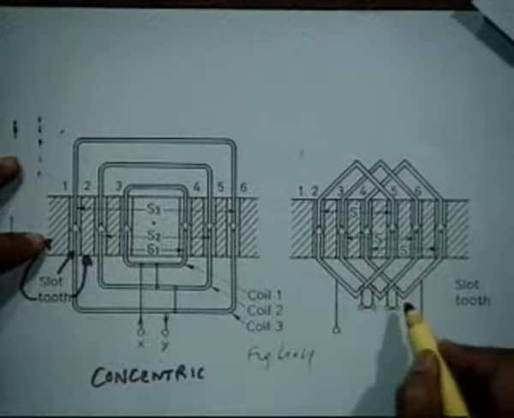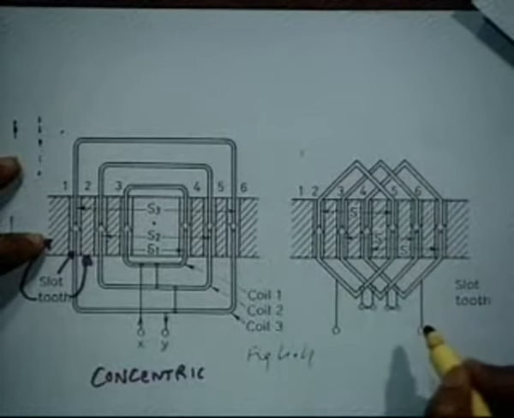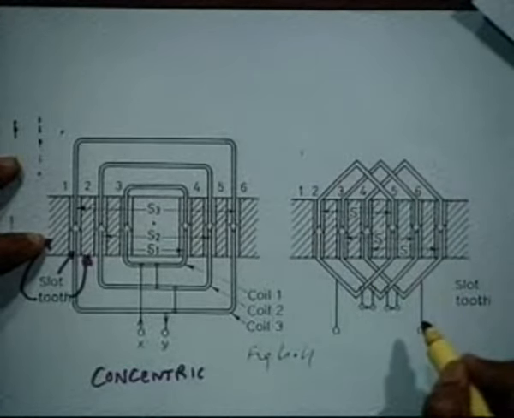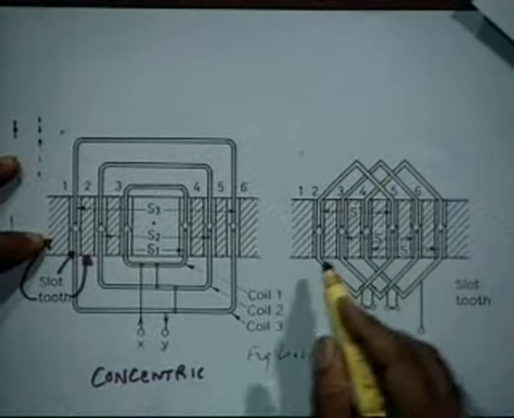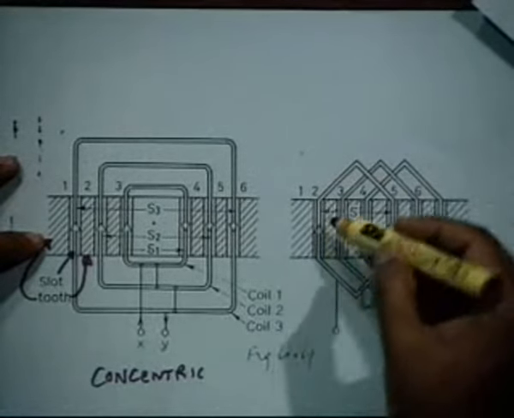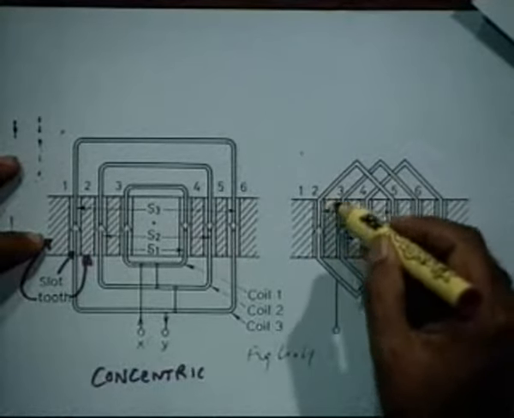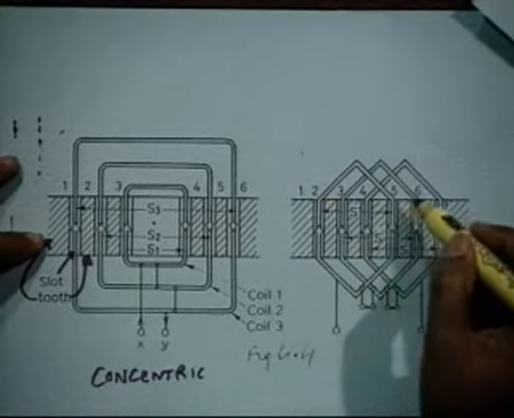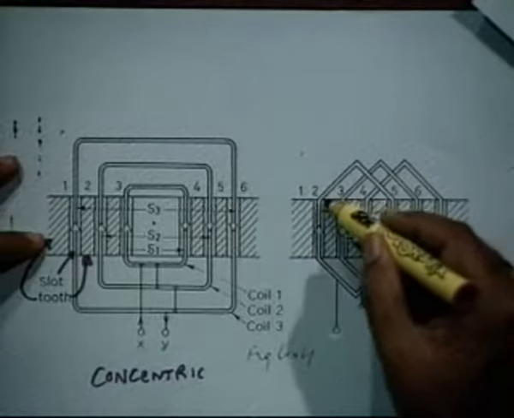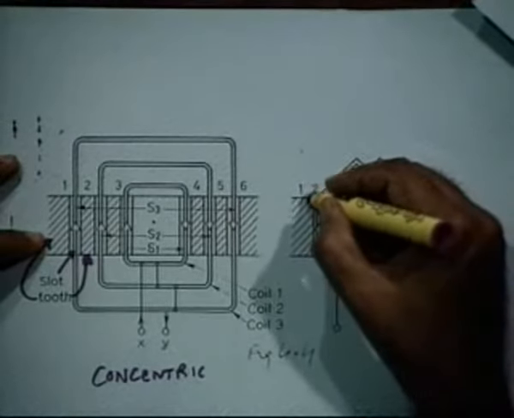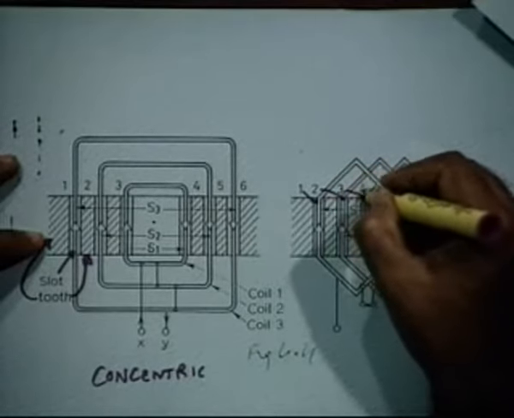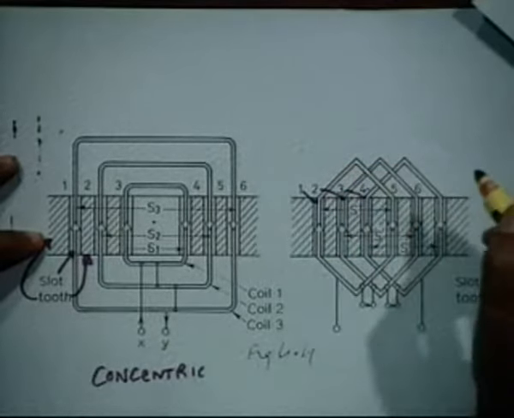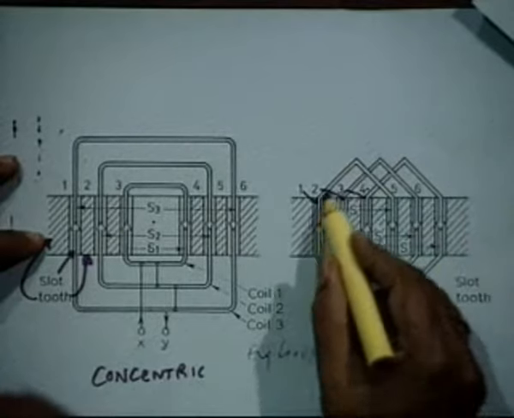Here there are 3 diamond-shaped coils of the same geometric configuration. That means you start with coil 1 here. So coil 1 is in these slots, let us say 1 to 4, I think it has been wrongly numbered. So if this is 1, this is 2 and this is 3, it goes in like this.